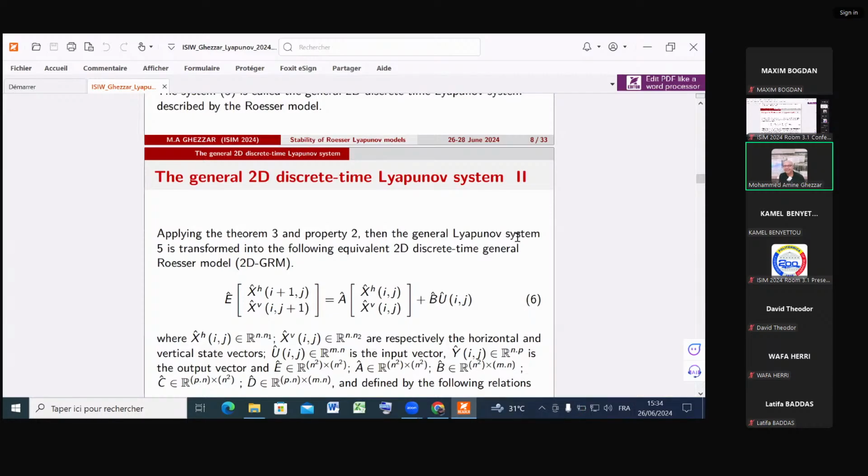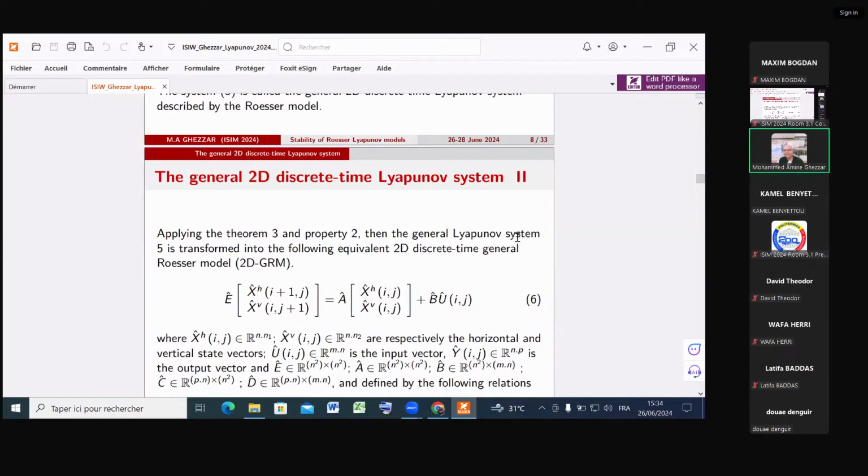Generally, this system appears in control theory and system theory, and we have the form in Formula 6.